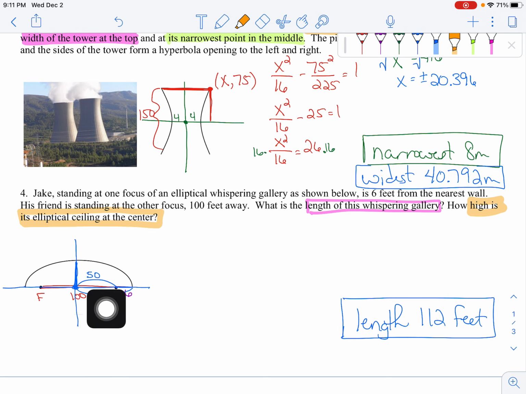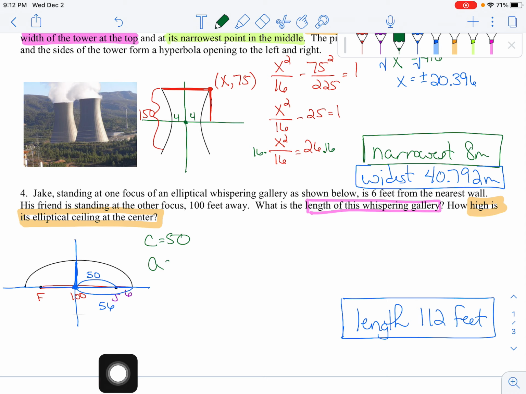So if we know that from the center to the focus is 50, that's my C value. So C is 50. I know from the center all the way to the edge here, this is my semi-major axis, that's 56. So I know that A is equal to 56.